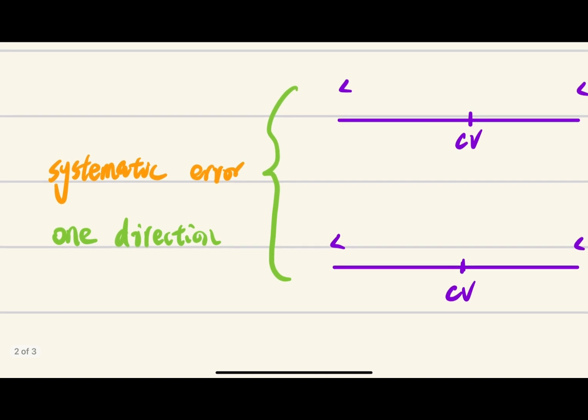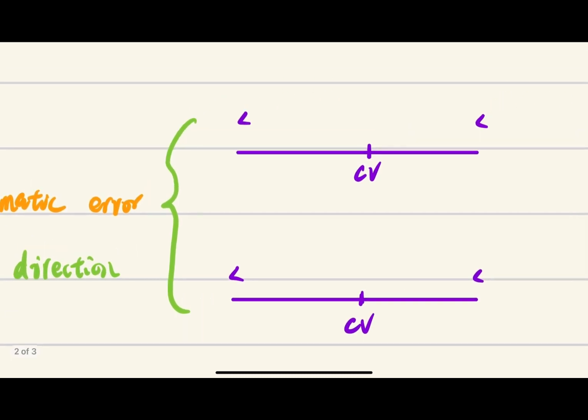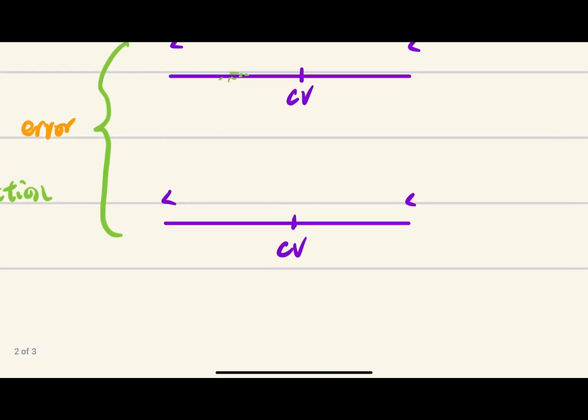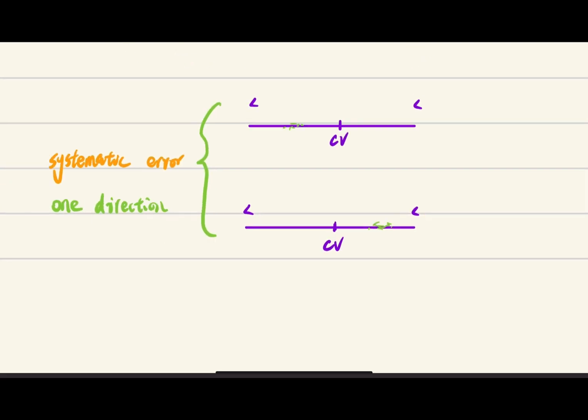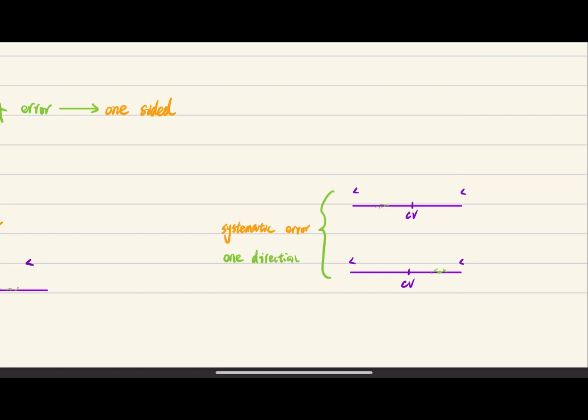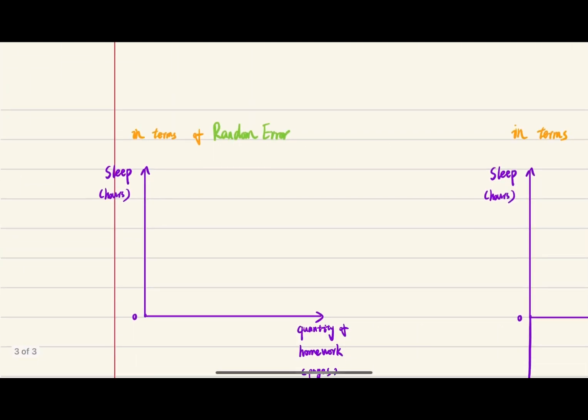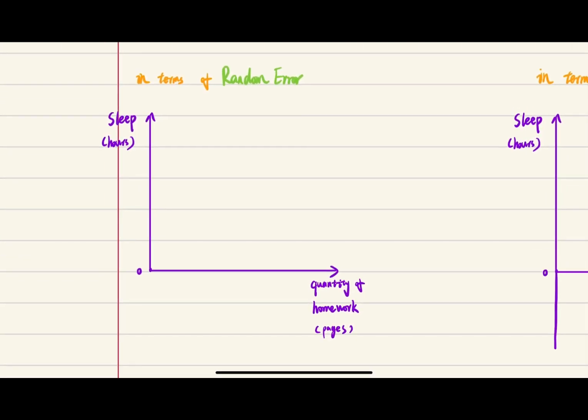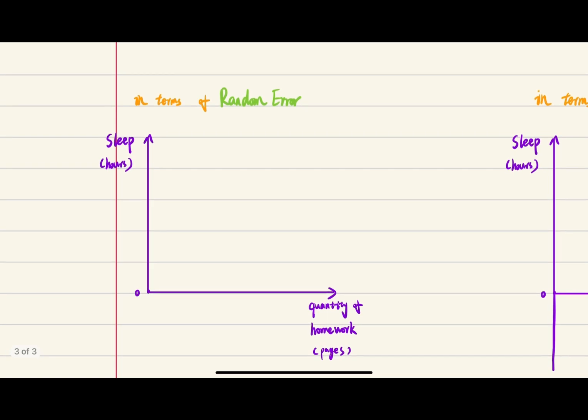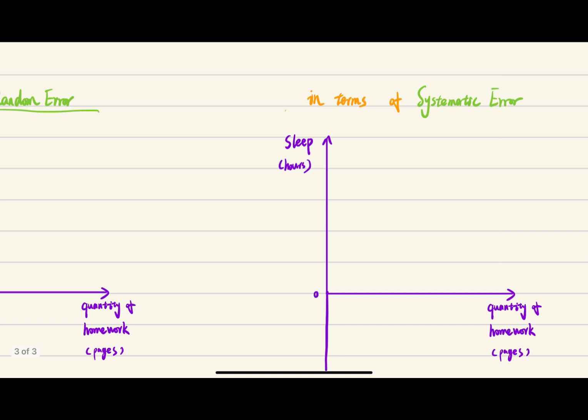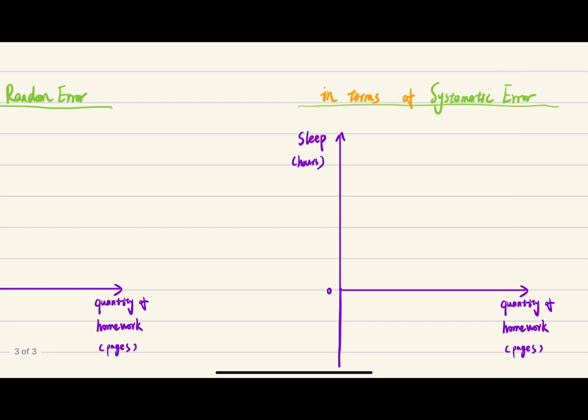It's in one direction only, either always lower or always higher. And if I'm going to represent this on a graph, the first graph is in terms of our random error, and the second one is in terms of our systematic error.